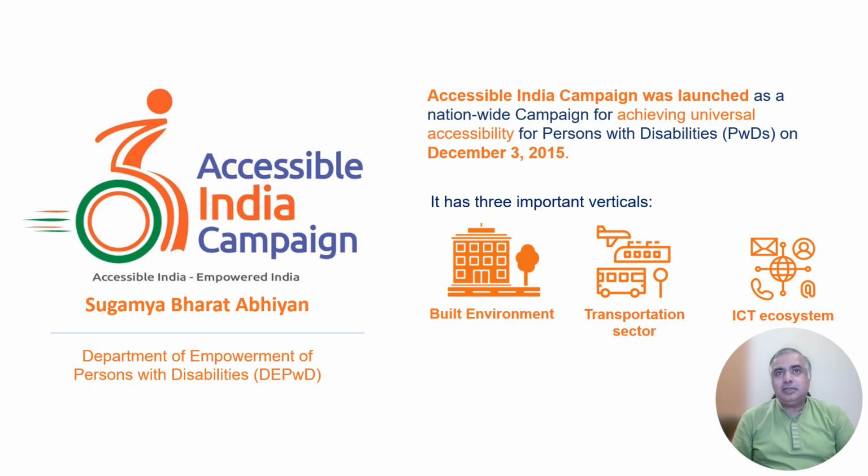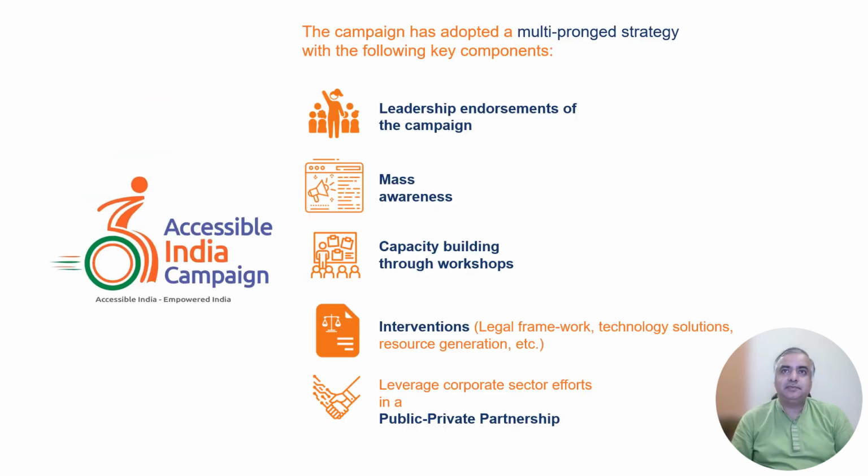This campaign intended to bring accessibility in India on a forefront of its discussion and implementation, keeping the three vertical sections, that is built environment, transportation sector, and the ICT ecosystem. The idea of Accessible India campaign was to revolutionize the idea of inclusivity through these segments of built environment, mobility, and information and communication technologies.